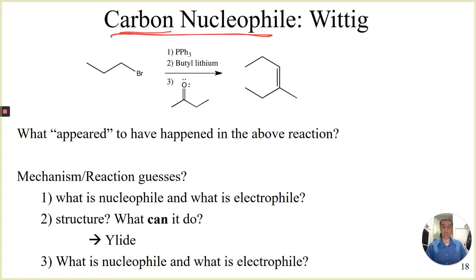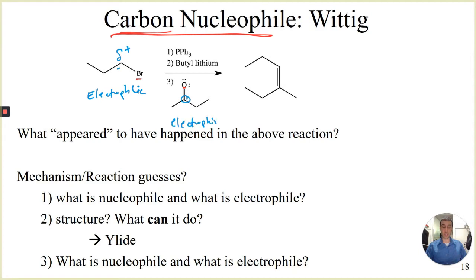If we go through and look at our starting carbons, bromine is more electronegative than carbon, which means that carbon would be positive. That looks pretty electrophilic. If we look at our next carbon source, that carbon with the oxygen being more electronegative would suggest that one is electrophilic.